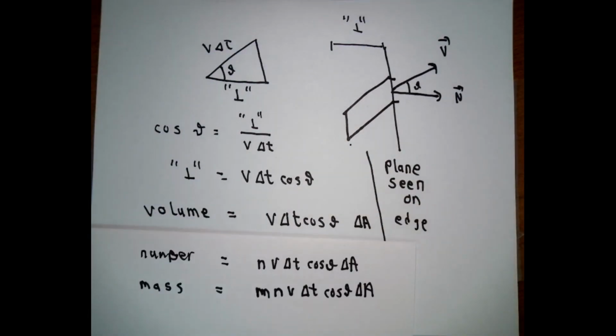The number of particles in the box is obtained by taking the volume and multiplying by the number density. The mass in the box that passes through the indicated chunk of surface in time delta t is the mass of each particle times the number density times the speed delta t cosine theta times the amount of area.